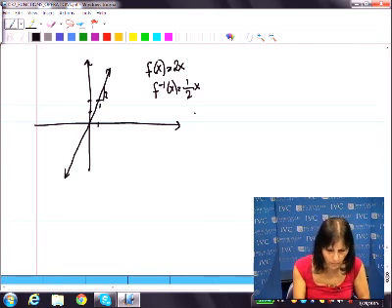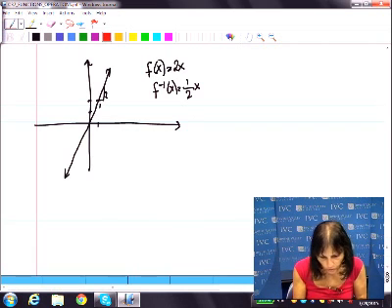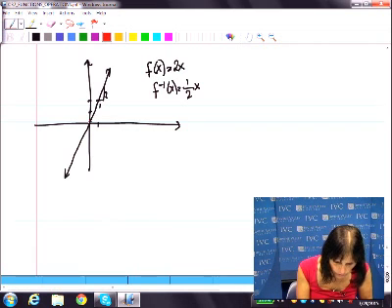And the other one is the other way, 1-to-2 slope. So you go up 1 and then you go 2 over. So 1-to-2 slope.